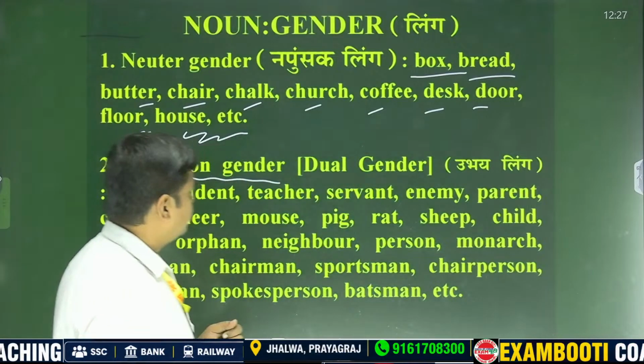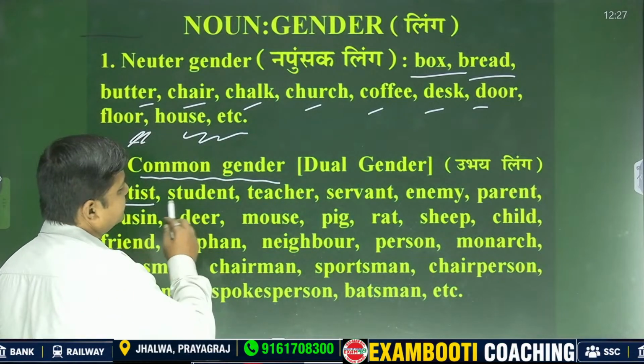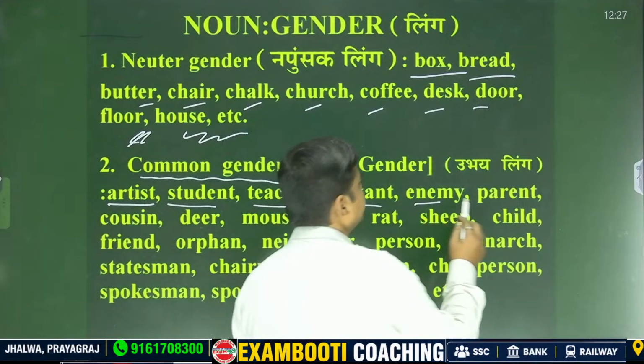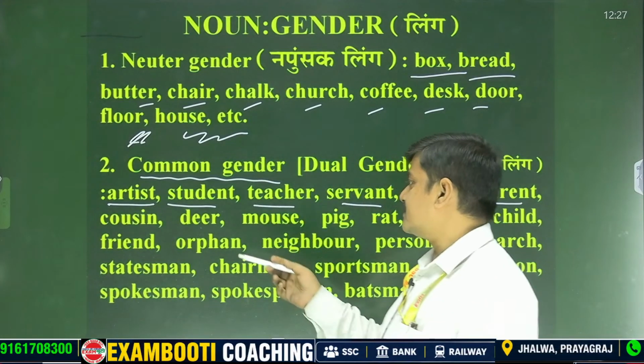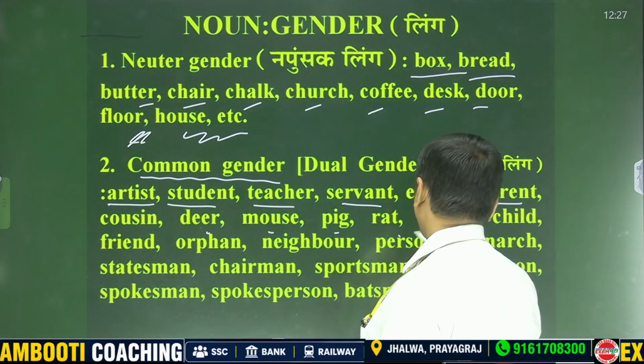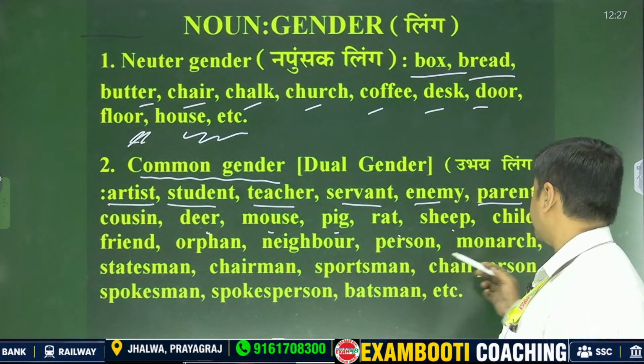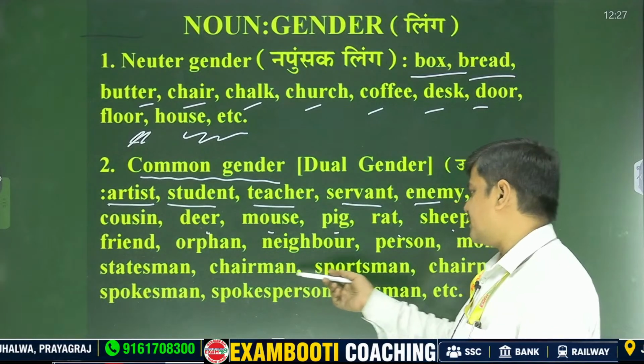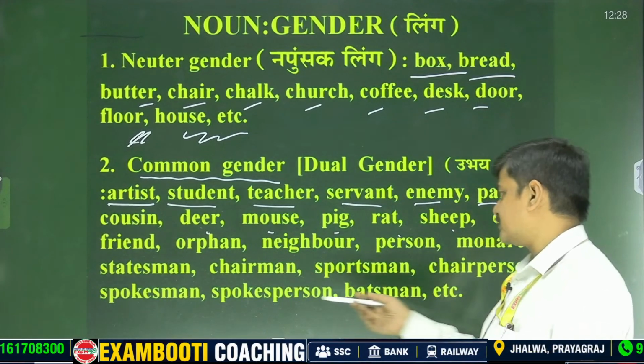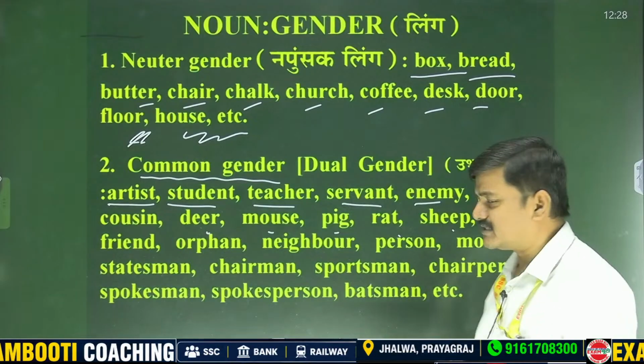Like artist, student, teacher, servant, enemy, parent, cousin, deer, mouse, pig, rat, sheep, child, friend, orphan, neighbor, person, monarch, statesman, chairman, sportsman, chairperson, spokesman, spokesperson, batsman.